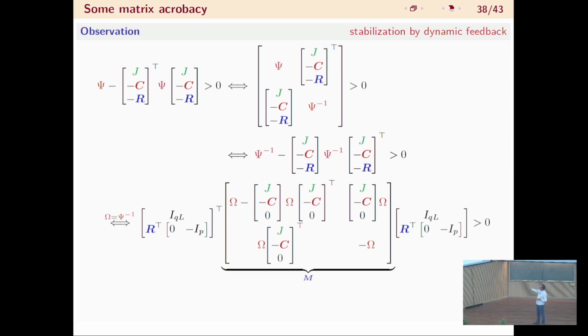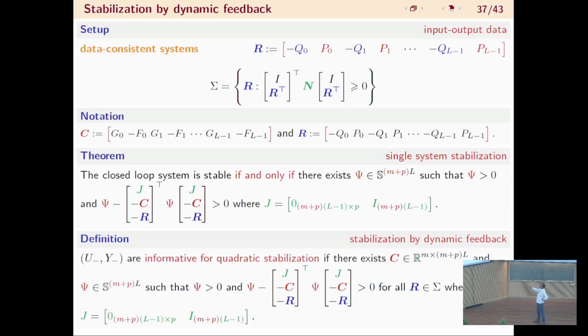I have also a color convention. Whenever I have these matrix inequalities, red variables are unknowns, and green ones are fixed, given. And so let's go back.